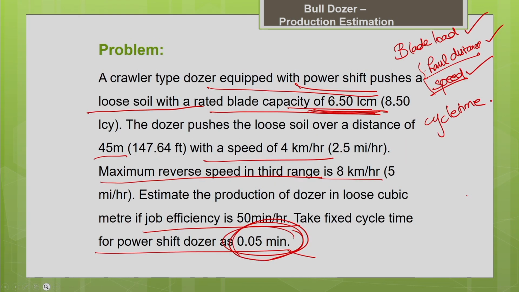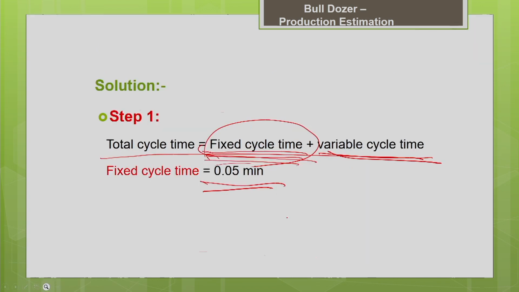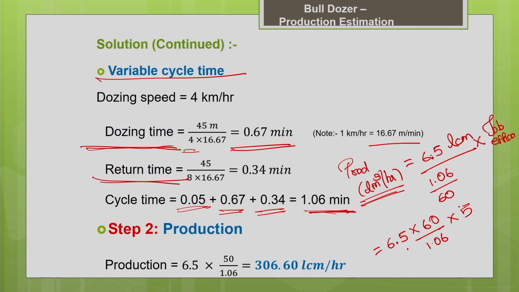It is given in the question like the job efficiency is 50 minutes per hour. So it is 50 by 60. So you can get the answer as 306.60 loose meter cube per hour. So this is your final productivity. So this is one way of estimation. So depending upon the input data, accordingly you can choose the approach.